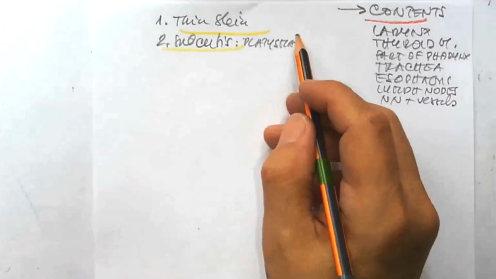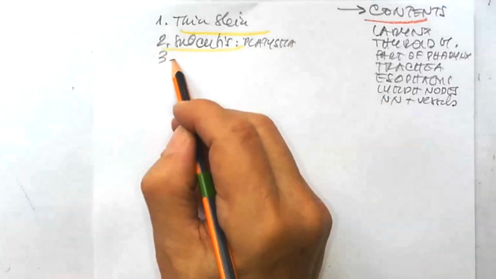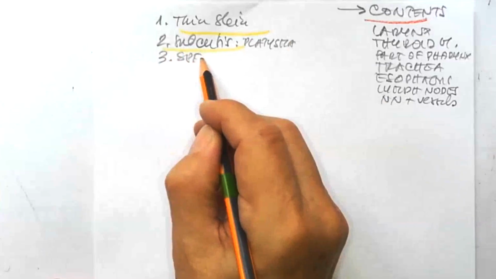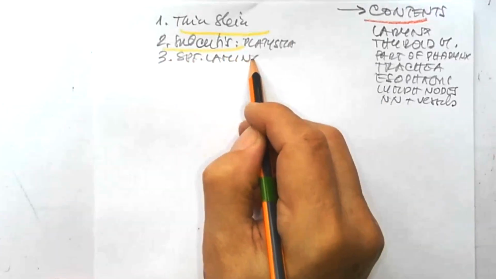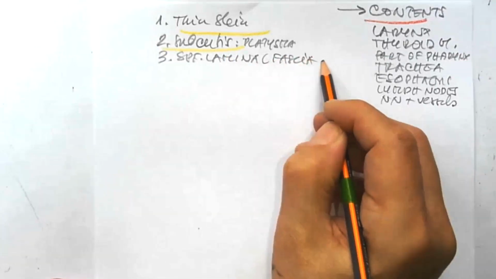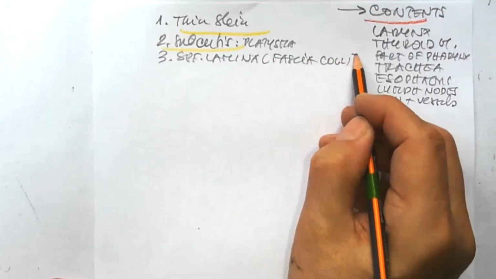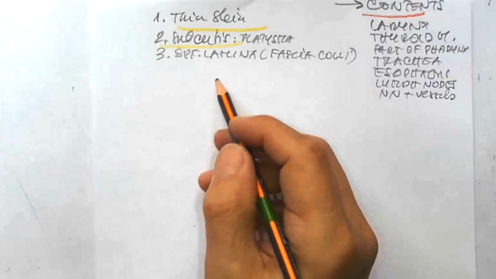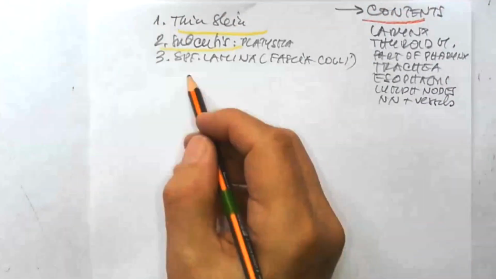Okay, platysma. Then follows number 3, the superficial lamina. I will not repeat once. Fascia colli, or also cervical fascia. Both terms could be used interchangeably.